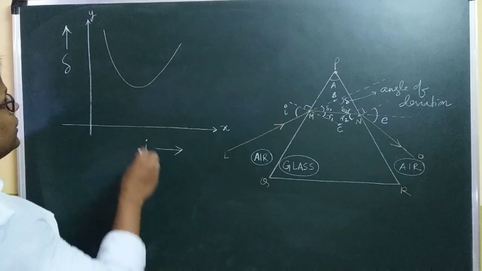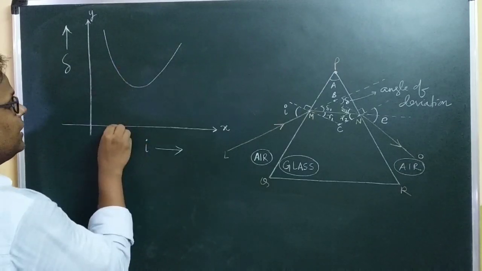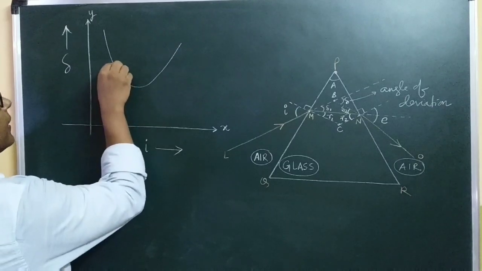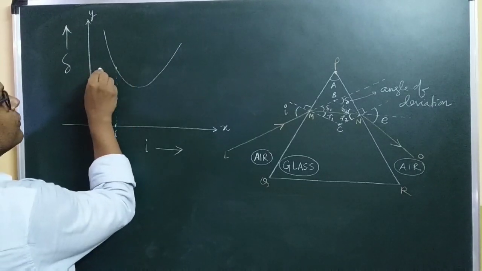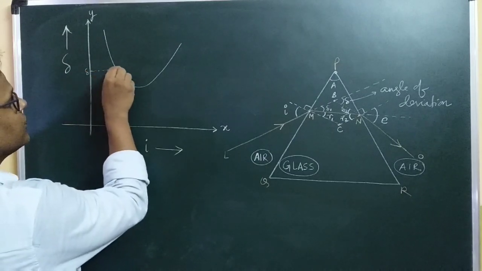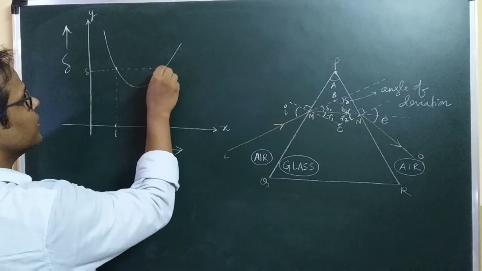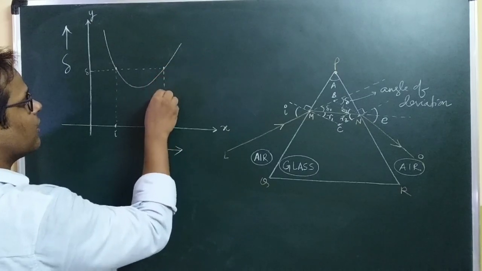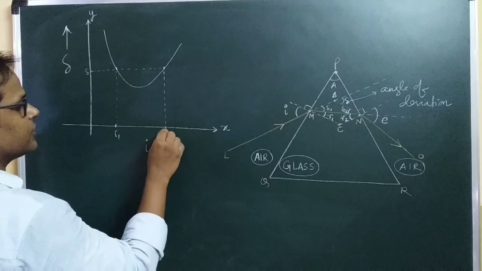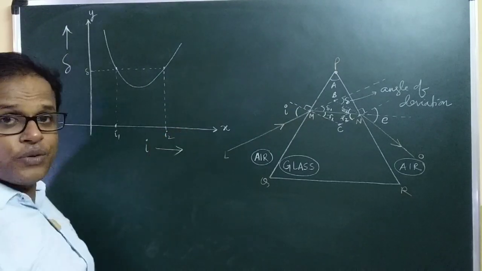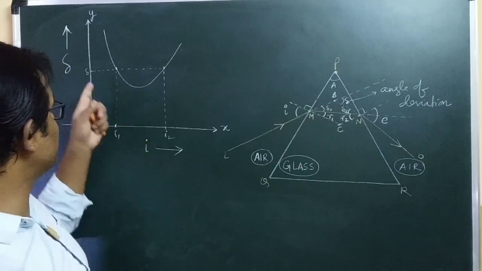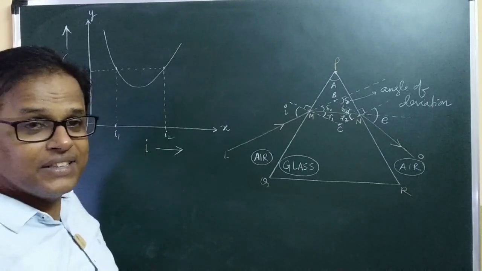Here you can see that for any particular angle of incidence, there is a unique value for the angle of deviation. But this angle of deviation is also produced for a different angle of incidence too. If I say this is I1, this is I2, I1 and I2 are not the same, but for these I1 and I2 you have the same angle of deviation.